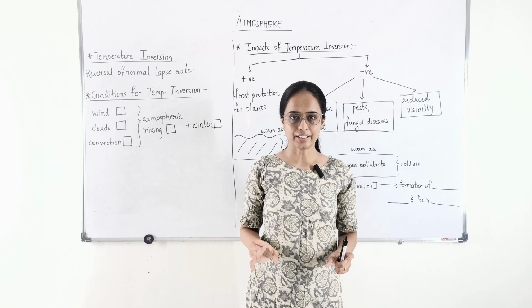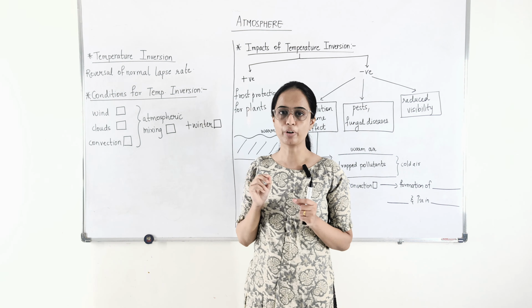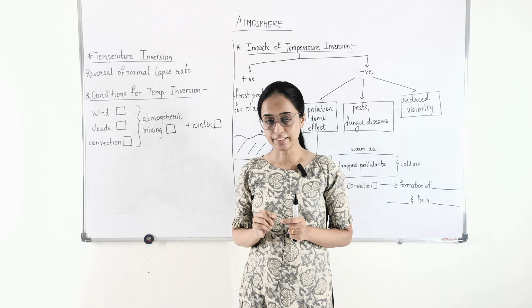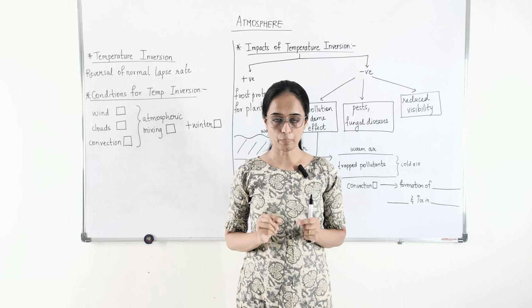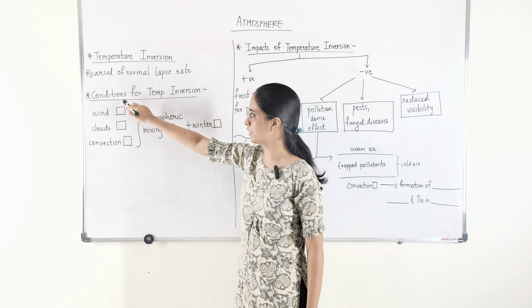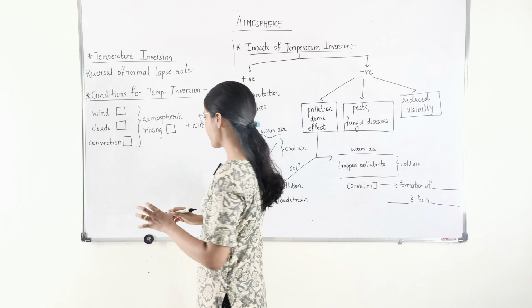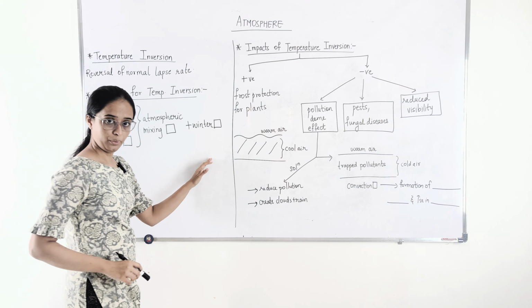Now, when do these conditions happen? When is temperature inversion, this particular phenomenon, going to take place? So let us understand the conditions that are required for temperature inversion, and that is why here it is clearly written conditions for temperature inversion. I have certain points written over here.